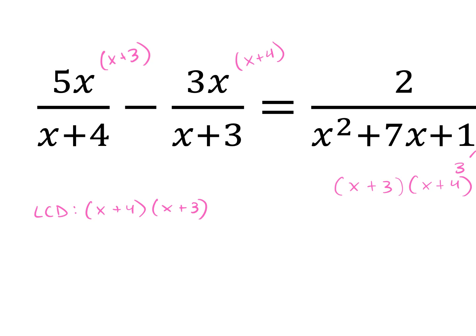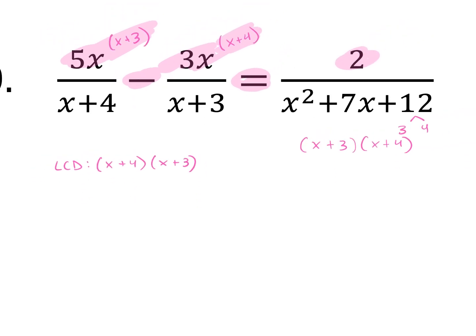So in the equation that I write, it's going to be 5x times x plus 3, negative 3x times x plus 4 is equal to 2. So let's write out our equation. 5x times x plus 3 minus 3x times x plus 4 is equal to 2.